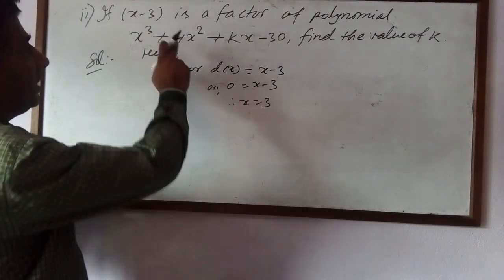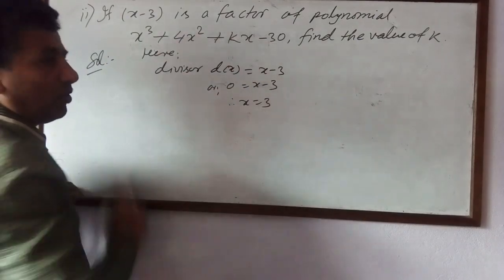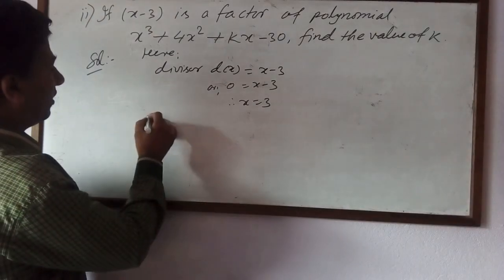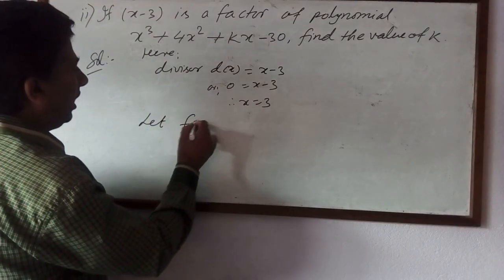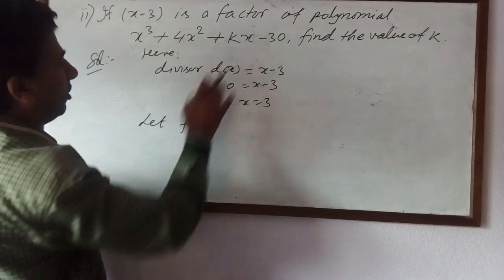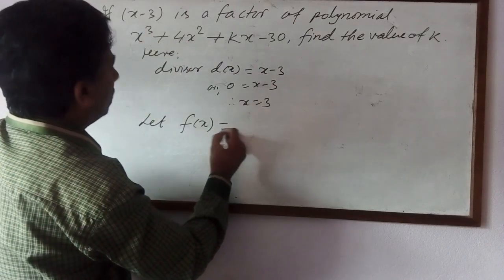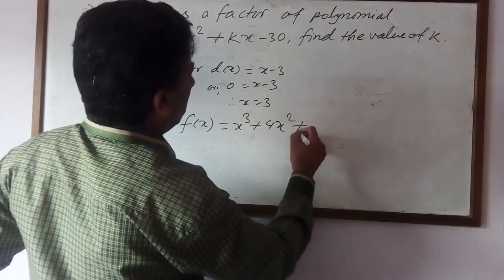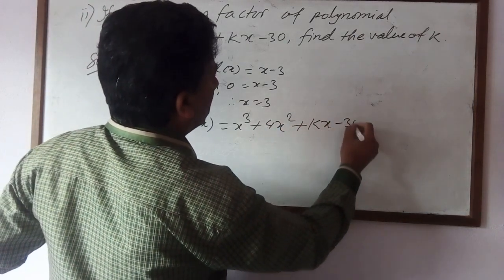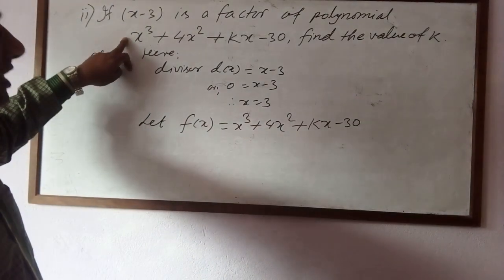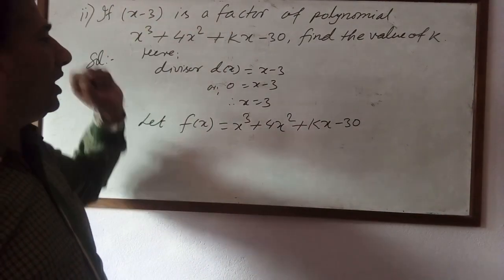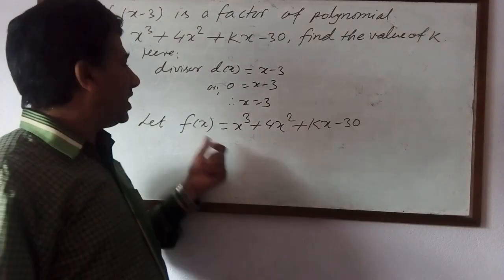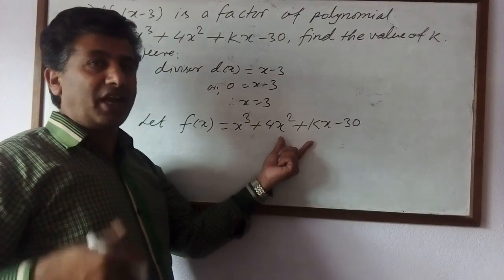Now the name of the given polynomial is not given, so we can say let f(x) equal x cube plus 4x square plus kx minus 30. If a name like f(x) or p(x) is given, it is not necessary to write let, but here it is not given, so from our side we write let f(x) equals this.